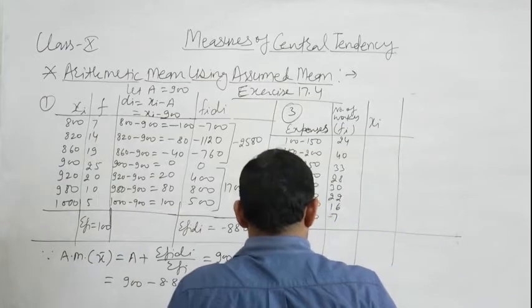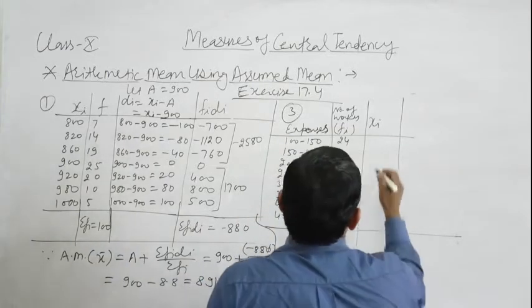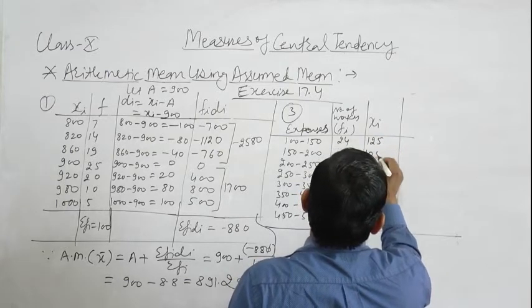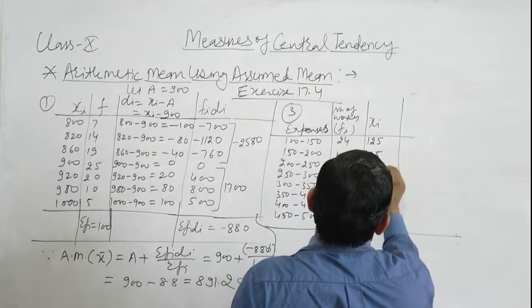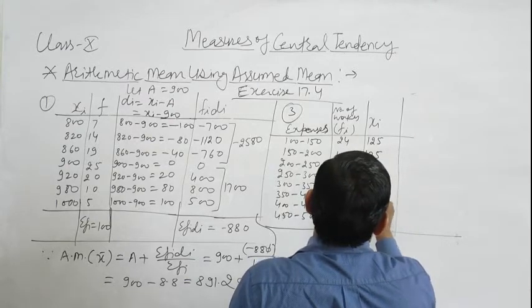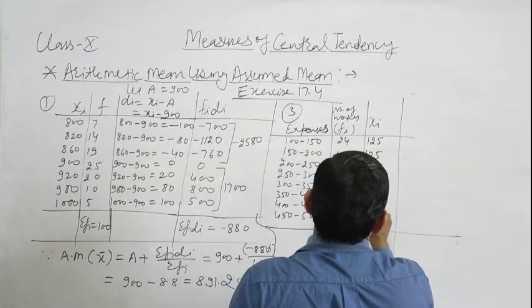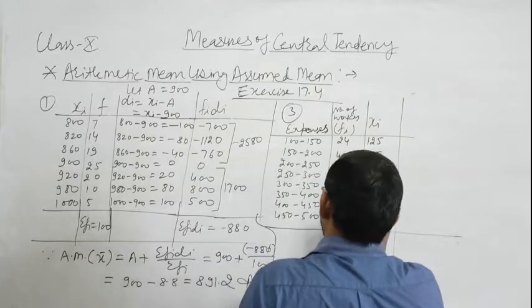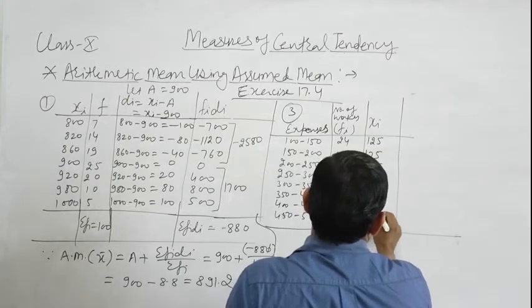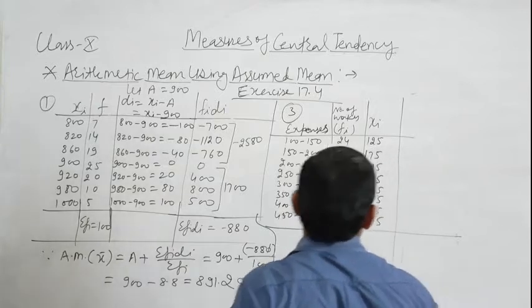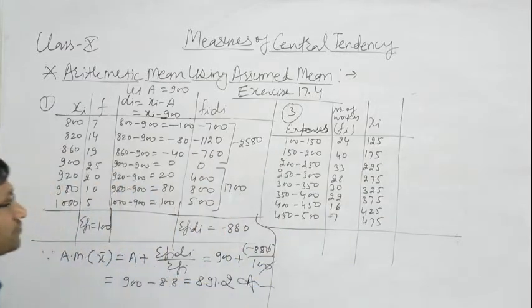So the first value of xi is 125, then 175, then 225, then 275, then 325, then 375, then 425, and the last value is 475.